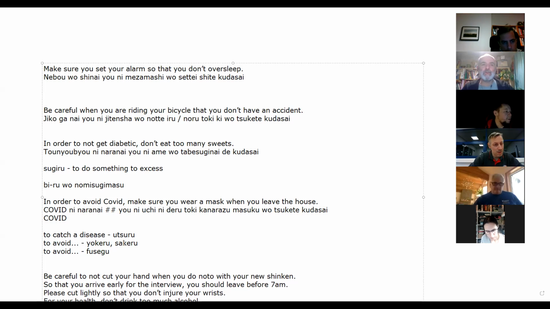Usually, utsuru in the negative is used to mean don't catch something. Okay, so Tom, can you do this again using utsuru? COVID ni. But this is doing something with COVID. Yes, good.